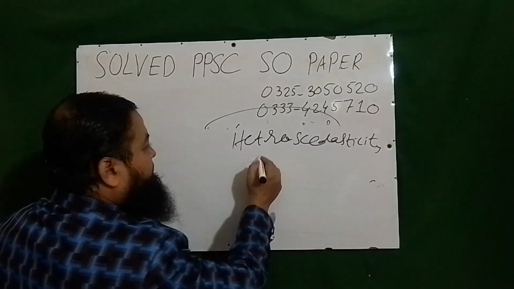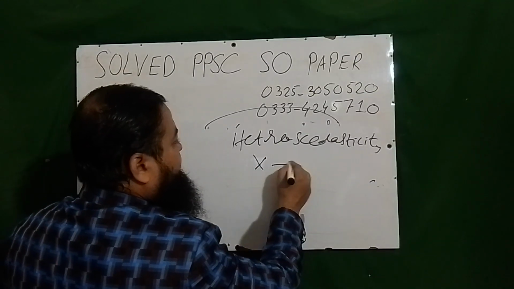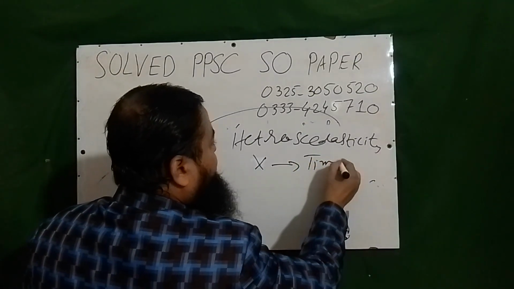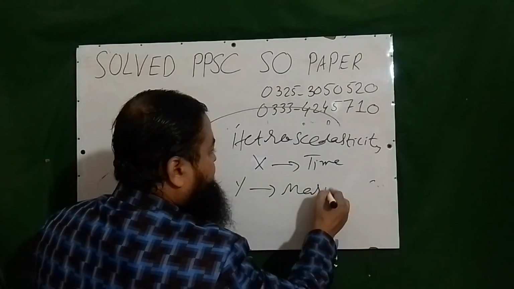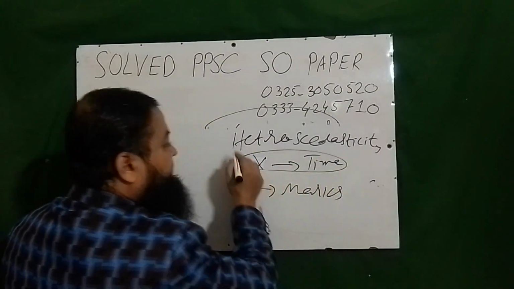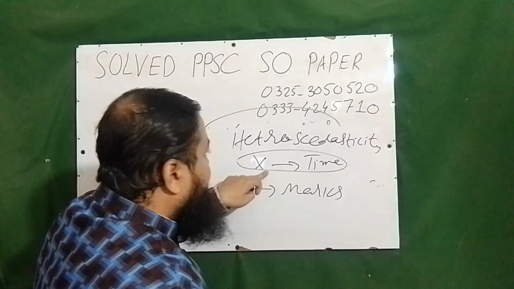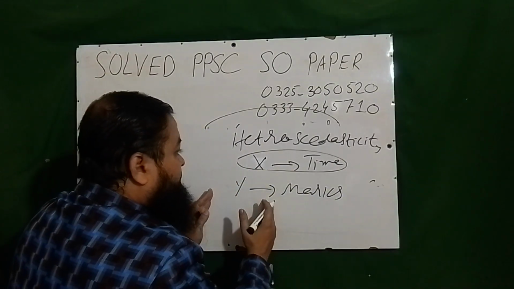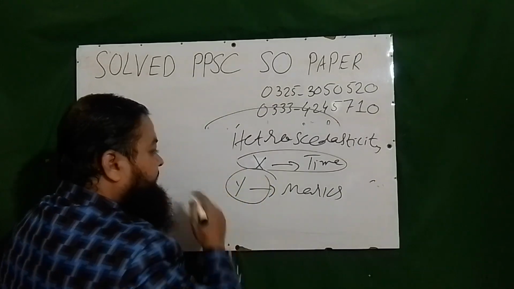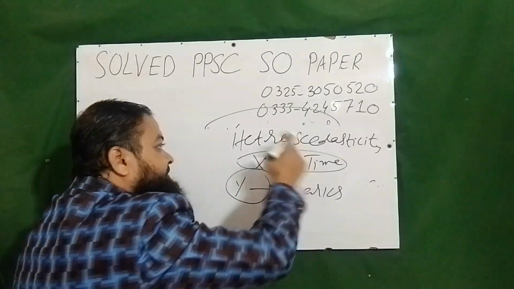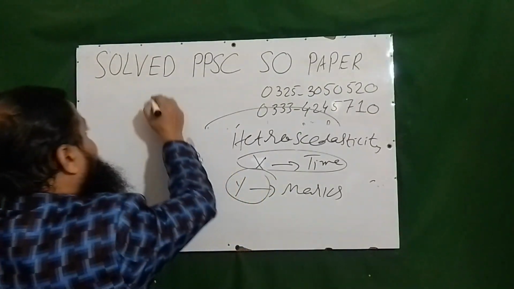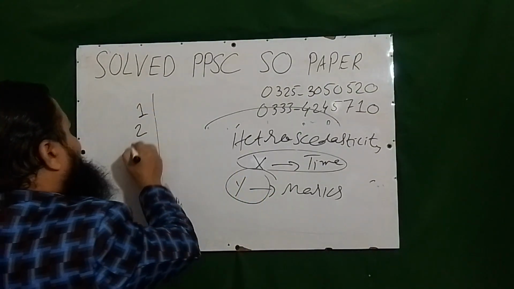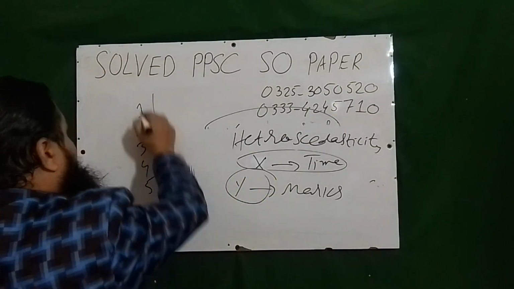If my independent variable x is the study hours and y is the marks of the students, and for different values of the independent variable we have much variation in our y, the dependent variable, then we have heteroscedasticity.